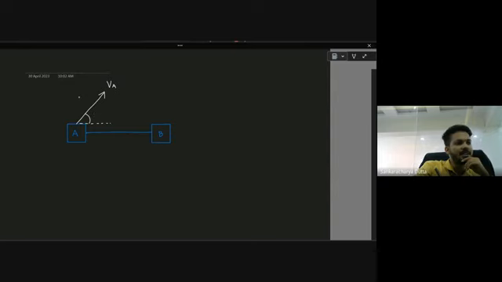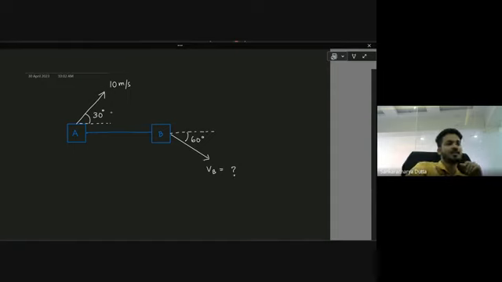I'll give you values: this angle is 30 degrees and the velocity is 10 meters per second. Block B, I don't know the value, but it is moving like this, and the angle it makes with the forward direction is 60 degrees. You have to find out what this velocity VB is.